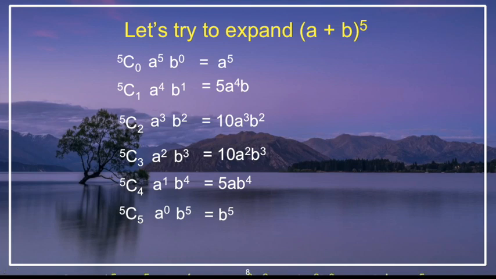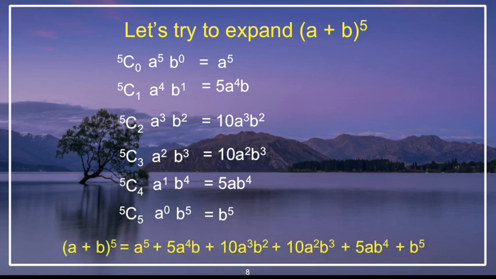And then of course you have to write it horizontally, because our expansion is the sum of all of these terms. So a to the power of 5 plus 5a to the power of 4 b plus 10a cubed b squared plus 10a squared b cubed plus 5a b to the power of 4 plus b to the power of 5.